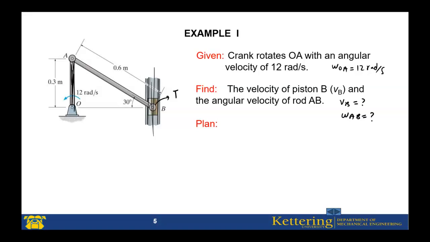Also, this crank, if you disconnect it from the rod, is just rotating. Now, this one has a rotational motion. This rod or this link has a general plane motion.